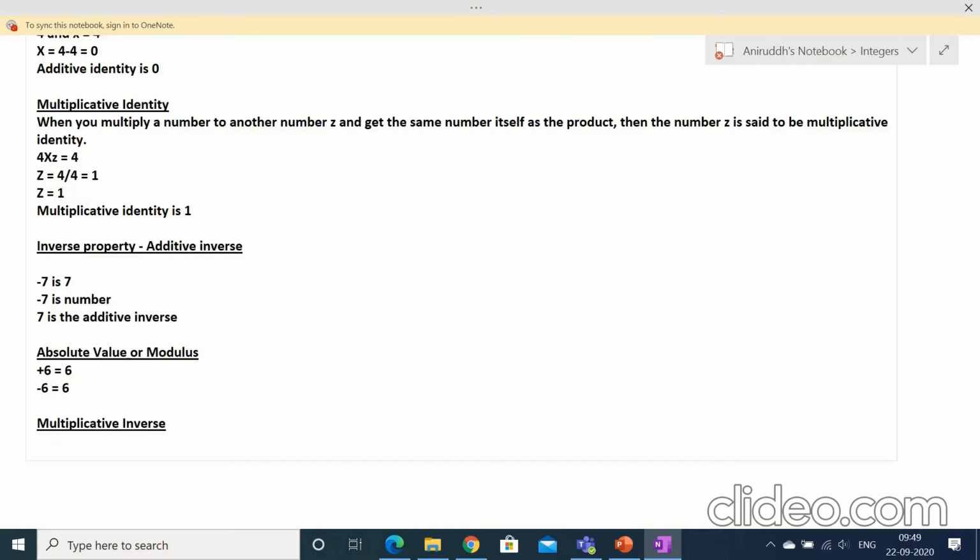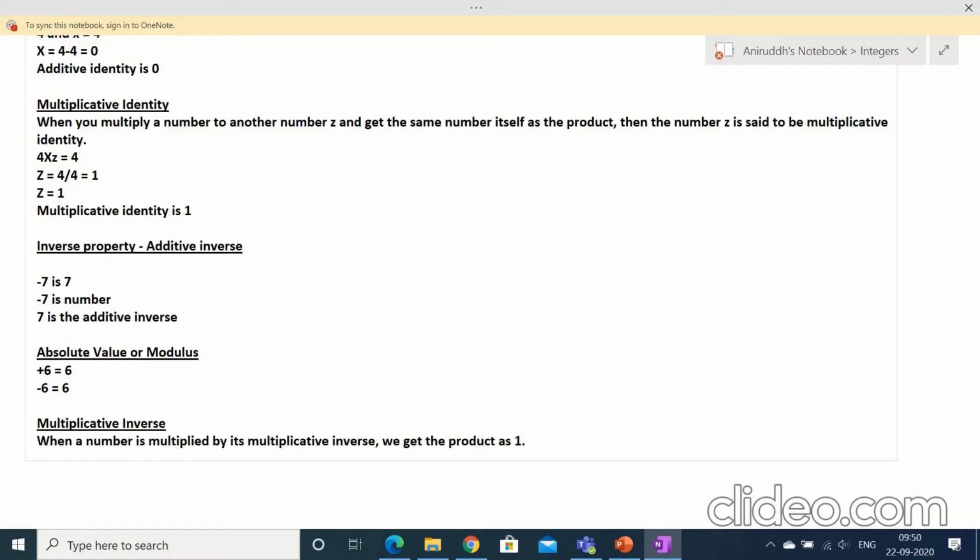When a number is multiplied by its multiplicative inverse, we get the product as 1.